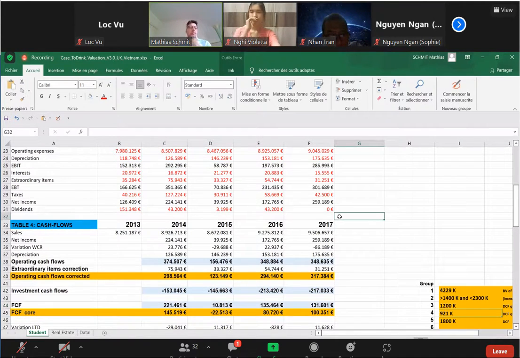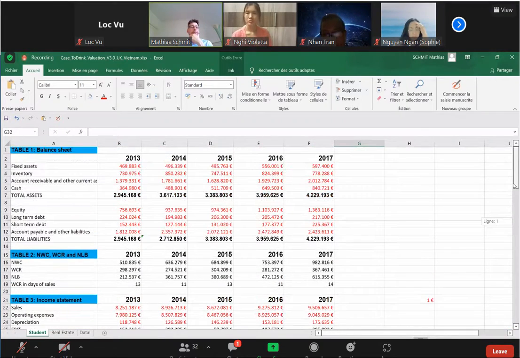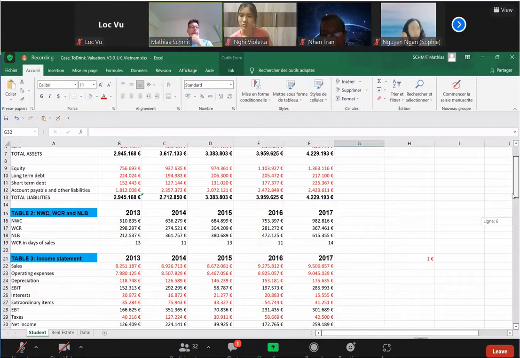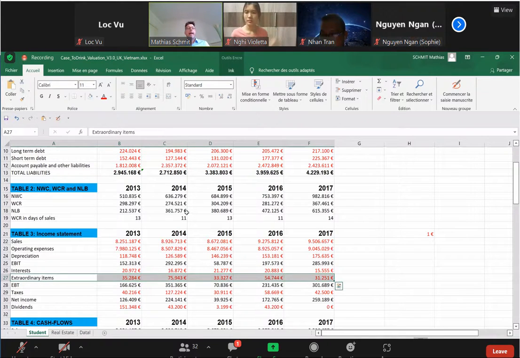However, after, it's a matter of negotiation, a matter of estimation, a matter of common sense. When I look at the income statement, I have extraordinary items.